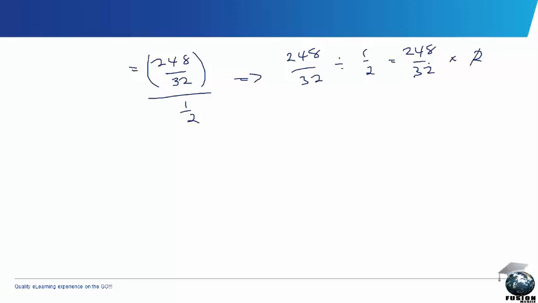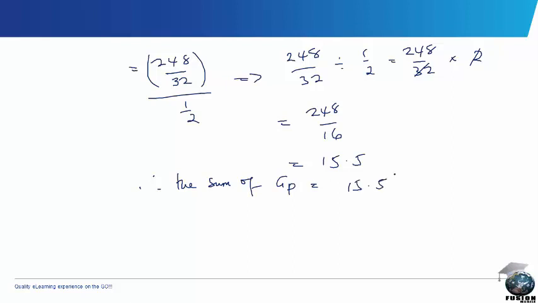You can take care of 32, and it gives us 16, and so we have 248 over 16. When we divide 248 by 16, we have 15.5. Therefore the sum of the GP will be equal to 15.5. That's when we sum it.